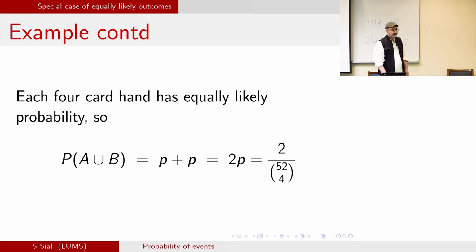Yes? What if the question was, what's the probability of choosing no particular 4-card hands? Okay, so if the event that you're looking at has 2 elements in it, then 2 divided by 52 choose 4 is the answer.